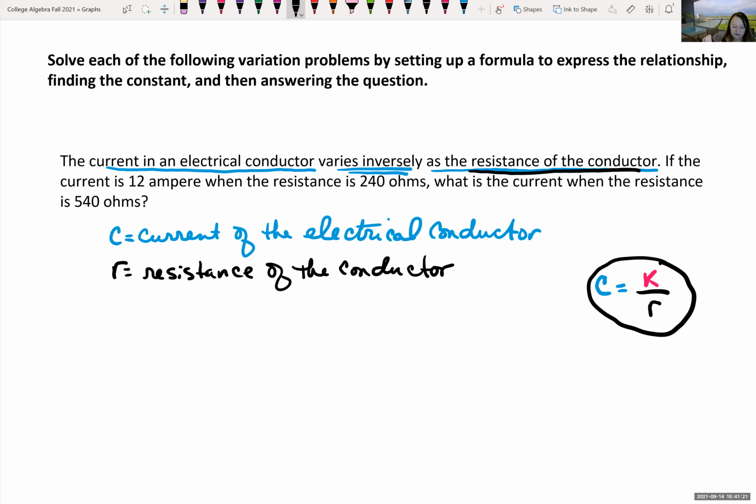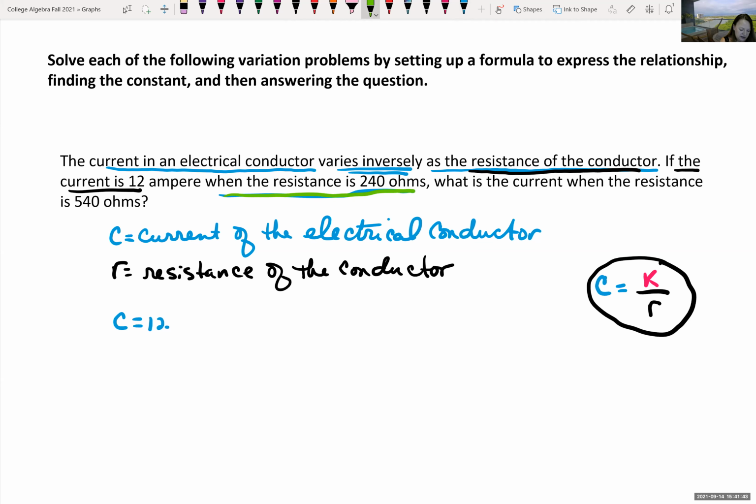And the next bit of information is going to give us enough information to figure out what K is. So it's telling us if the current is 12, so we know C is equal to 12 when the resistance is 240.